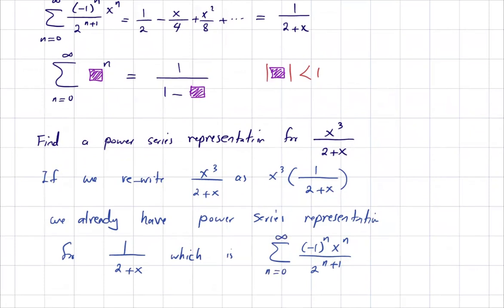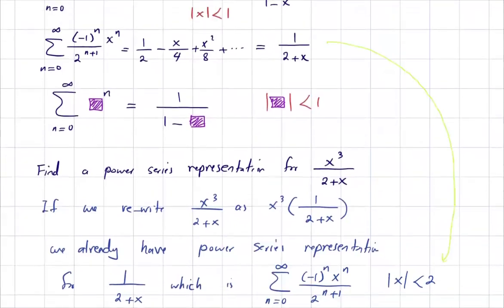And remember that for this, the absolute value of x is less than 2. This is what we showed before. This is basically the example in the previous session that we did. Now, if you just multiply this power series by x to the third, you are done.